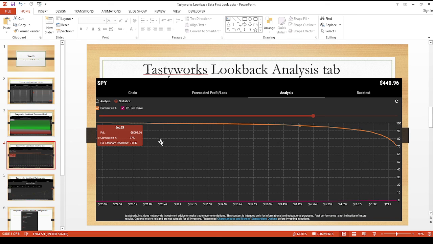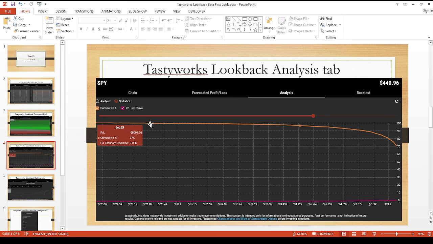And then the next section in the analysis tab is similar to what you would normally expect to see in the Tastyworks platform: your potential P&L based on this particular strategy. In this case, this is just a short put, but with a lot of time remaining.